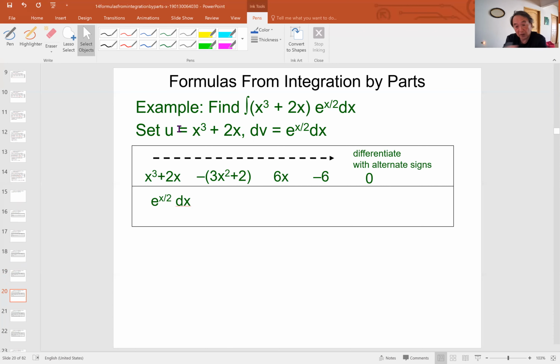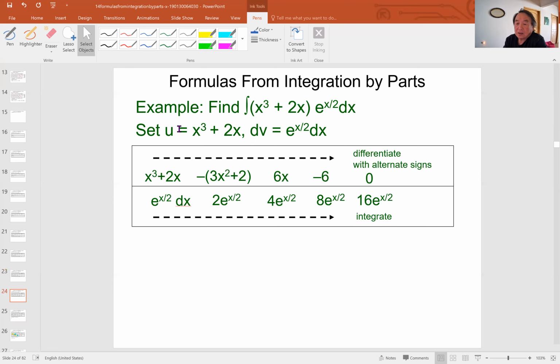That's where the expansion stops. And the dv part, we keep integrating. In this case, the integral of e to the x over 2 is twice, with the constant 1/2, so it is 2 times e to the x over 2. If we do it again, that's going to be 4 times, then 8 and so on. And this is enough for taking the integral.